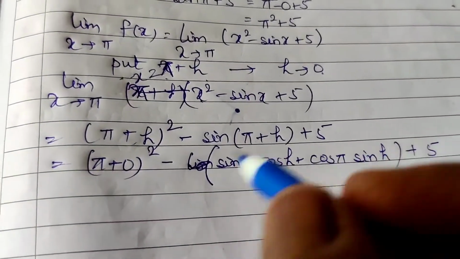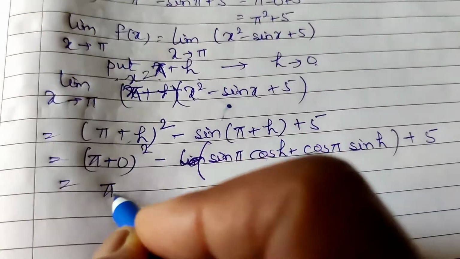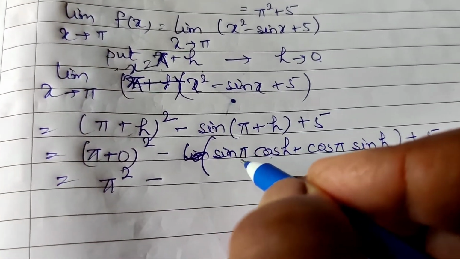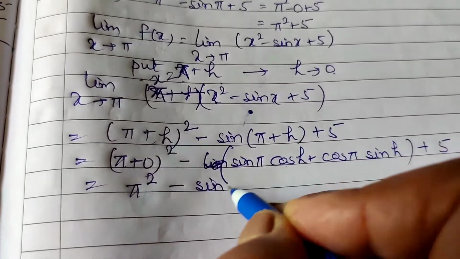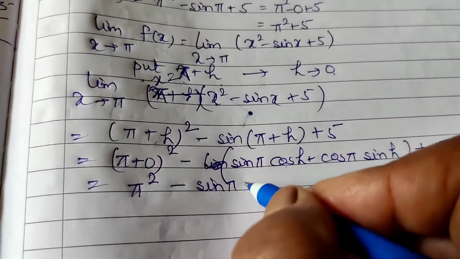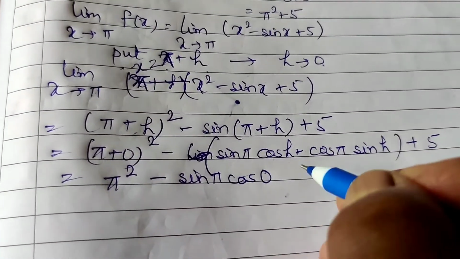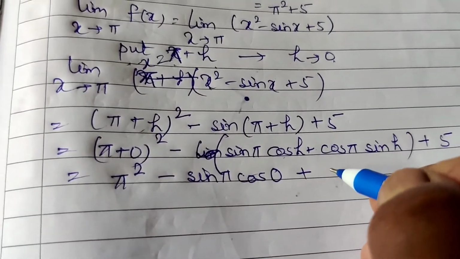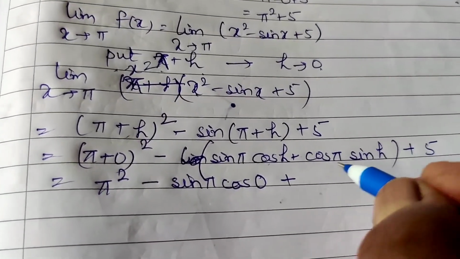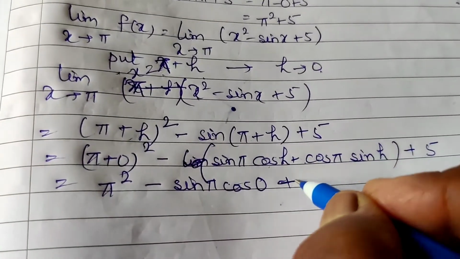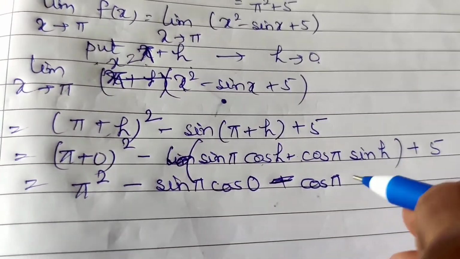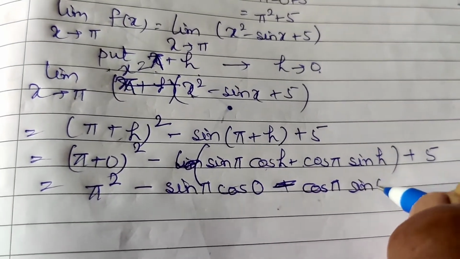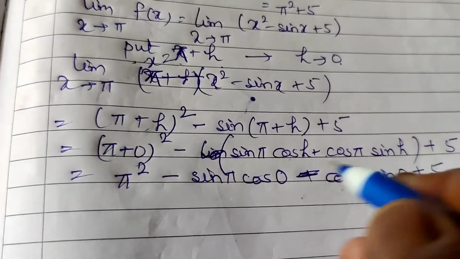Now put h equal to 0. It is sin pi cos h plus cos pi sin h, plus 5.